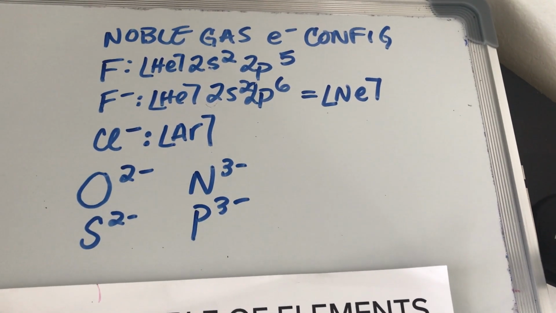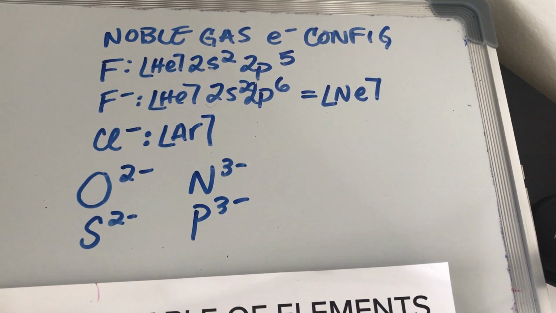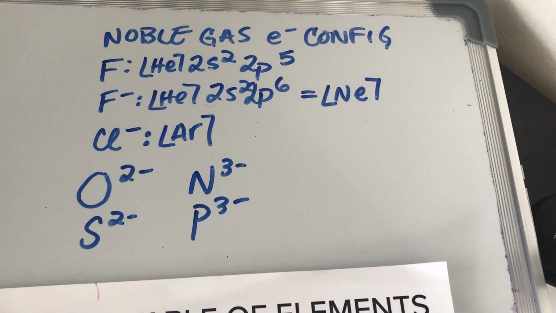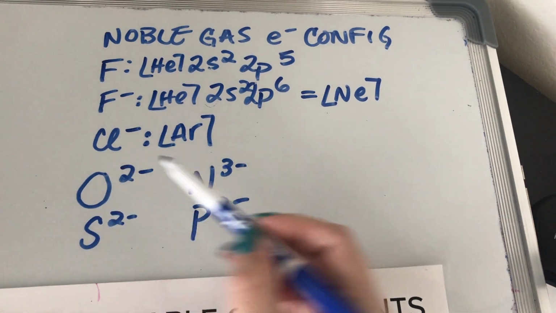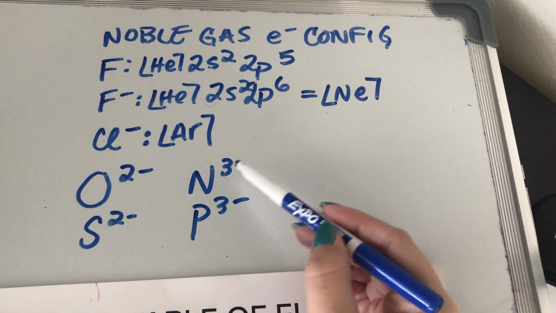Now you know how ions are formed, right? Main group elements can only form one type of ion. So you will never have oxygen -1. You'll never have nitrogen -1 or -2.